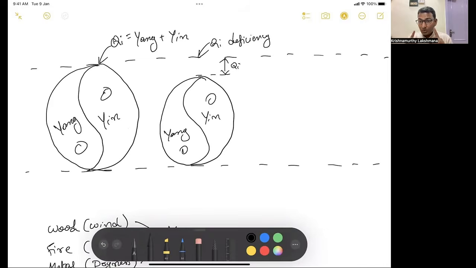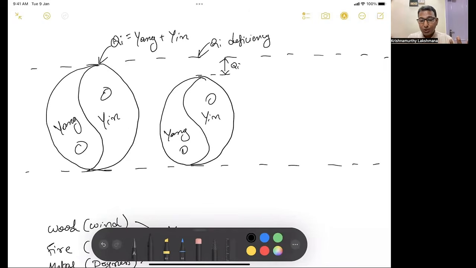So now what is to be noted is that in qi deficiency, the ratio of yang and yin is still the same, like 50-50, right?